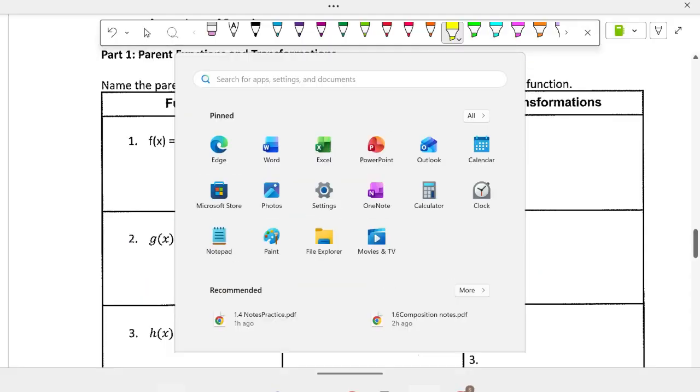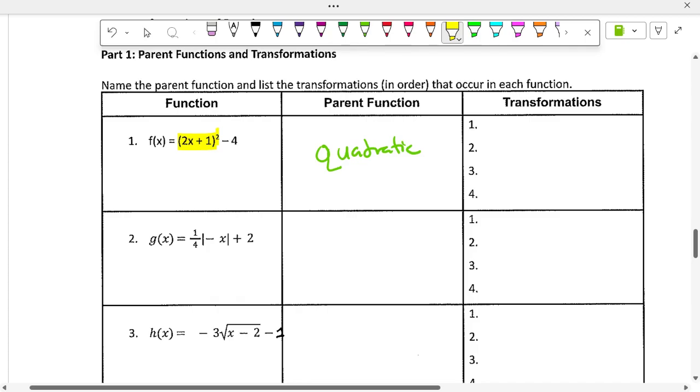Let's go with Autumn. What number in this function tells me my horizontal translation? 2. So not the translation. That shows the dilation, though. So which one shows the translation? Well, what is the horizontal, inside or outside the brackets?